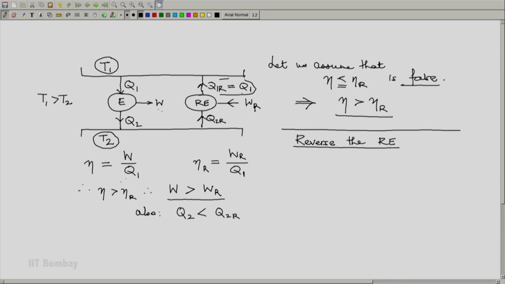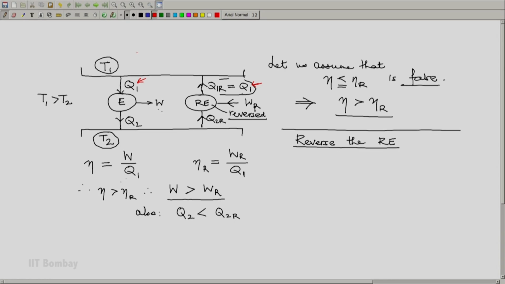So this is RE reversed as shown now. Let us now notice that the reservoir at T1 absorbs heat Q1 from the reversible engine. It rejects heat Q1 to the other engine E. Consequently, the reservoir at T1 does not really interact, it only anchors the temperature at T1.